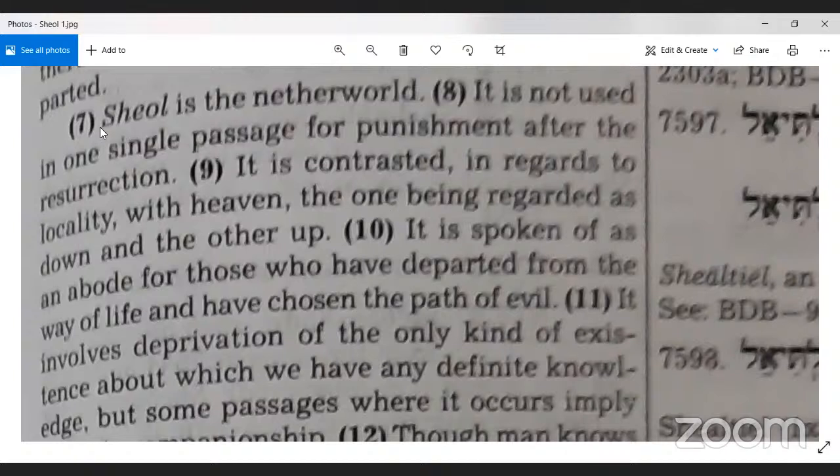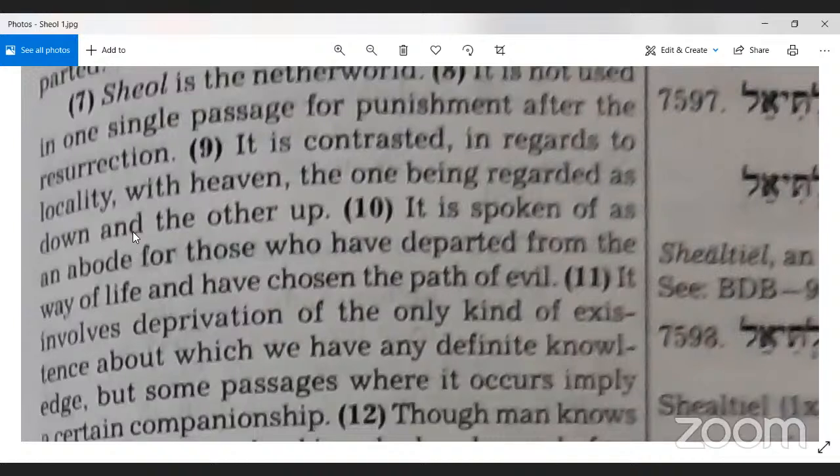Okay, let's continue. Number 7, Sheol is the netherworld. 8, it is not used in one single passage for punishment after the resurrection. So why is everything about it negative? Good question. It isn't. There's no punishment, in contradiction to the religions that teach that you go to hell and you burn.